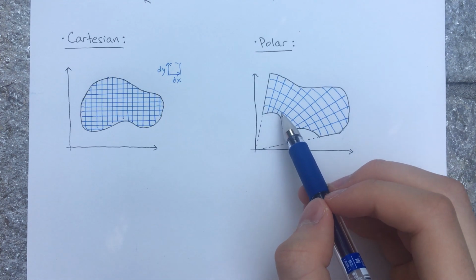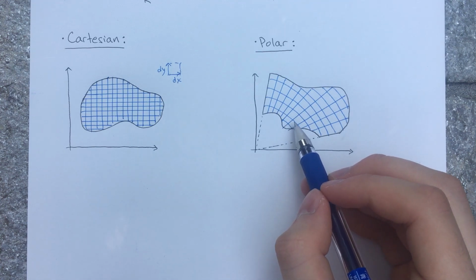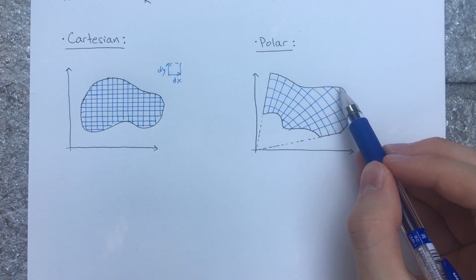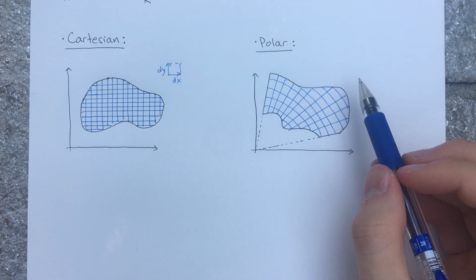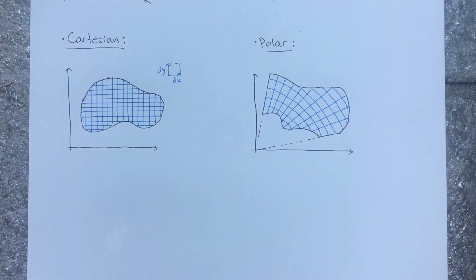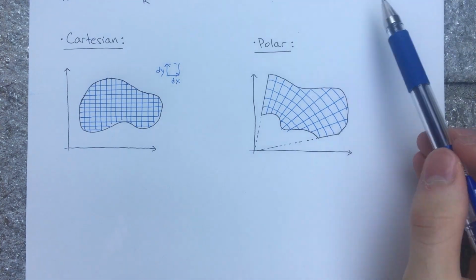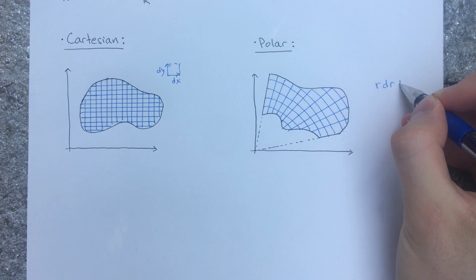So in polar coordinates, even though we move dr by a constant amount and d theta by a constant amount, we see that the boxes actually tend to get bigger and bigger as r increases. So from that we can start to see that there might be a dependence on r, how dA might actually equal r dr d theta.